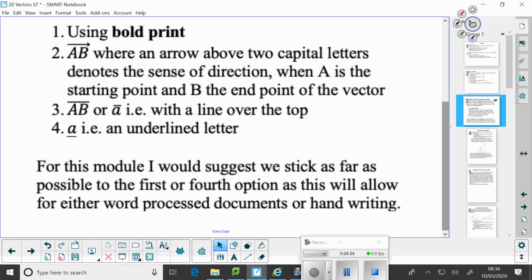Alright. I haven't anything against you using the other two if you're using the formula system of putting your maths into Word. You'll find those options in there. So there's nothing against that, but please make sure that you show which quantities are scalar and which quantities are vectors with one of these.